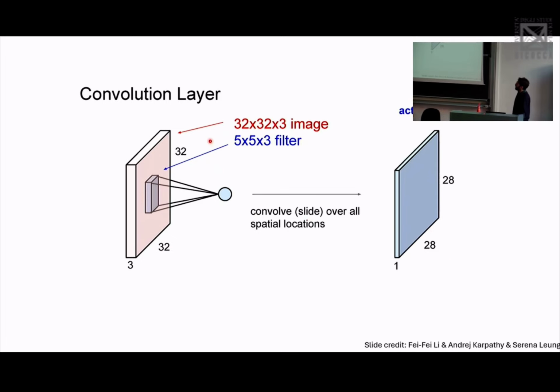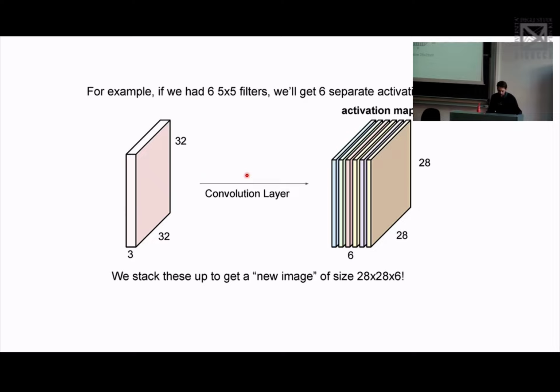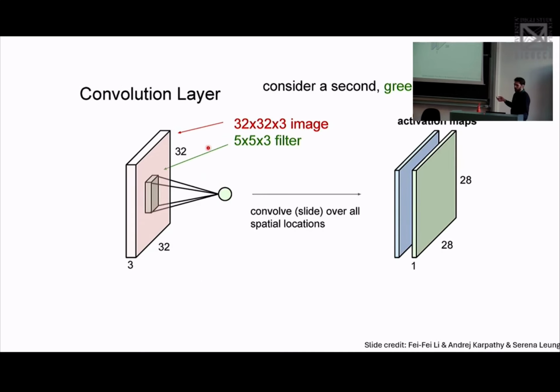If you convolve and slide that over all the spatial locations, you get a 28 by 28 output. Okay, you can add multiple layers, and in general that's what you do when you build convolutional neural networks.